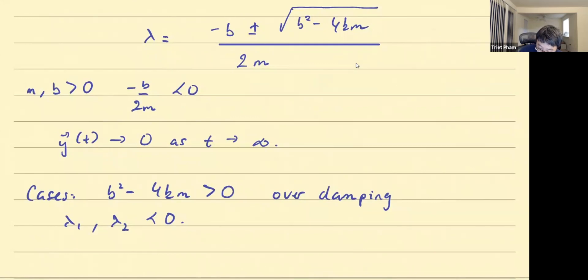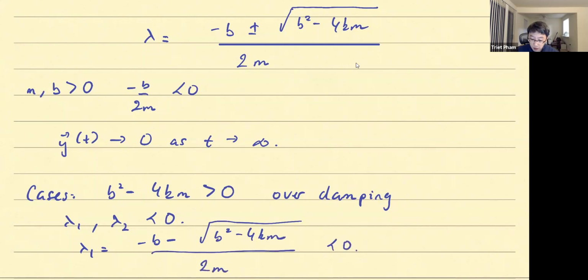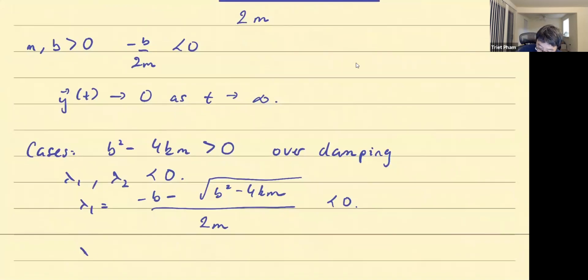What's the reason? Lambda 1, which is minus b minus the square root of b squared minus 4km, clearly is negative. But the second one, you have a negative number and you add a positive number. How do you know that that number is still negative?